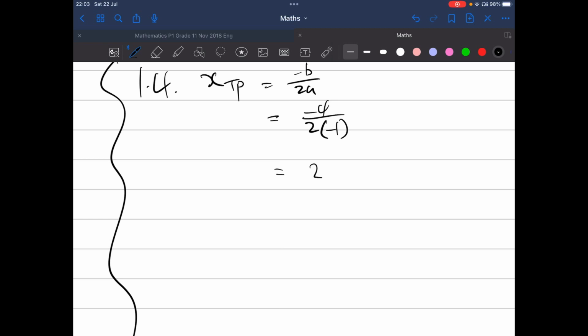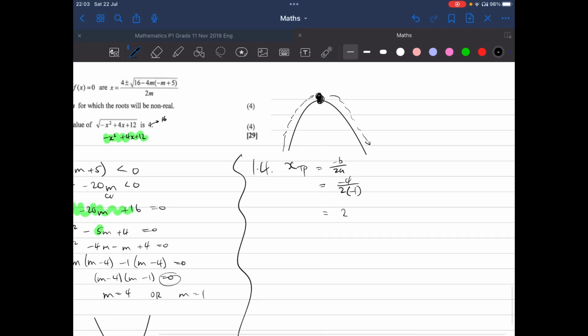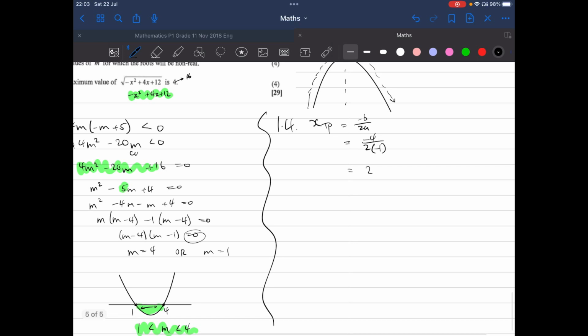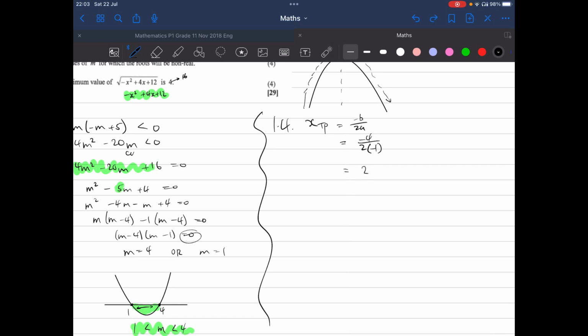Remember, this turning point has an x and a y value, so that x value is 2. Now we just have to solve for the y value to get the maximum point. It's very much like a functions question: I'm going to substitute this 2 into the equation. So y equals minus 2 squared plus 4 times 2 plus 12.